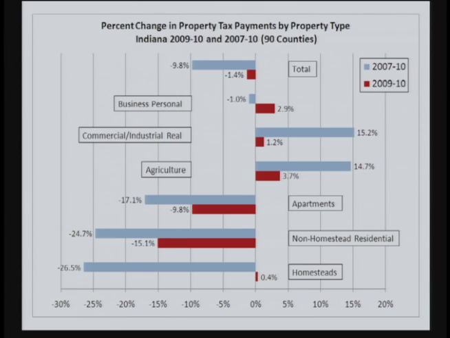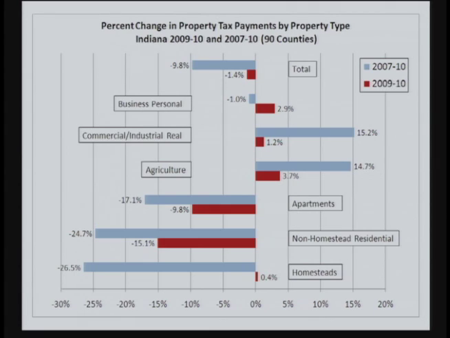The big decline in homestead property taxes comes from the takeover by the state of the school general fund property tax levy and the county welfare levies. So that money is no longer raised with a property tax. And also a great big new deduction off of taxable assessed value that homesteads were given as a result of the reform of March 2008.